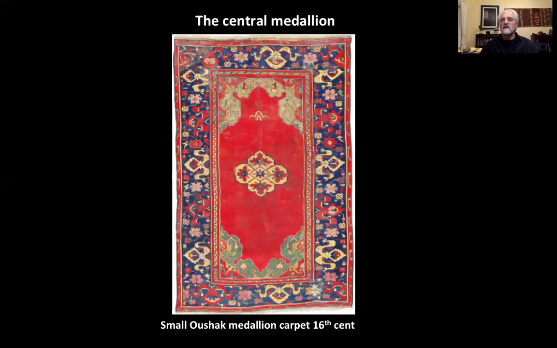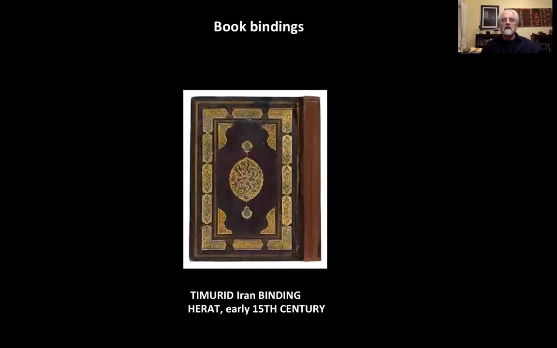Another motif that you'll encounter is the central medallion. Here, you can see it right here. I'll also call your attention to an element here in the border, which I'll touch on in just a second. So this patterning became very, very popular, based, we think, on earlier designs which come out of book covers. So Qurans were often covered with these very fancy covers.